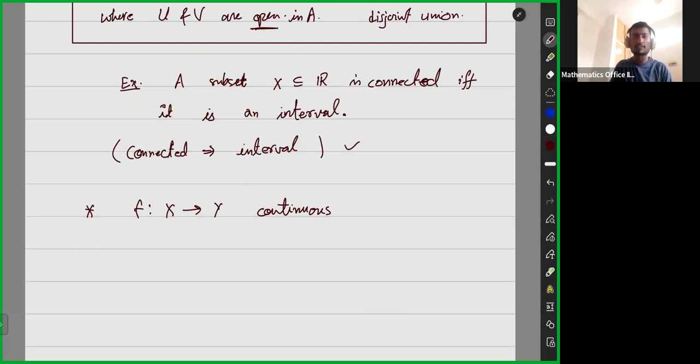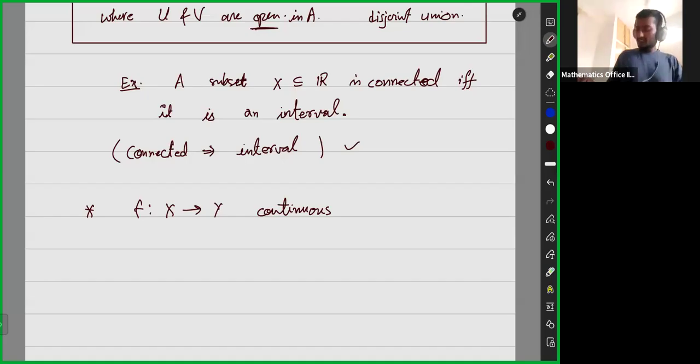That definition we are using. How many of you know? Can you raise your hand so that I can know you know the definition of continuity?